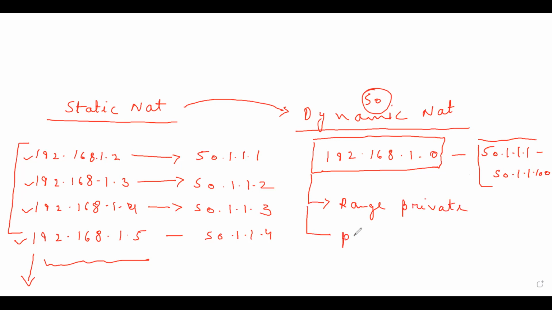So automatically it will pick an IP from the public range and automatically pick an IP from the private range. So my work will reduce. That is the main difference between dynamic and static NAT.